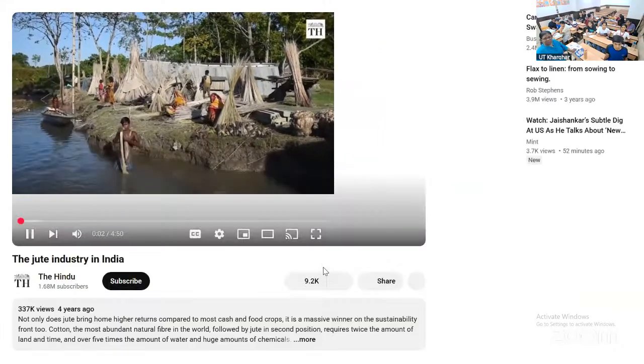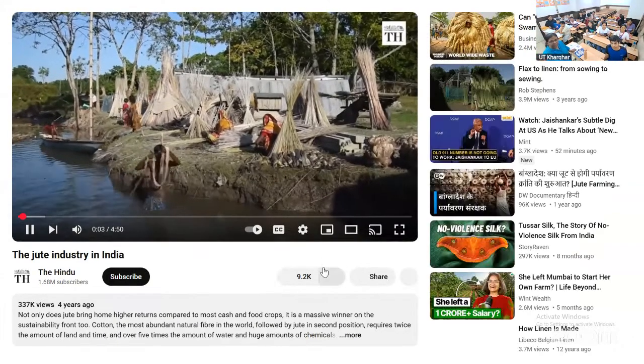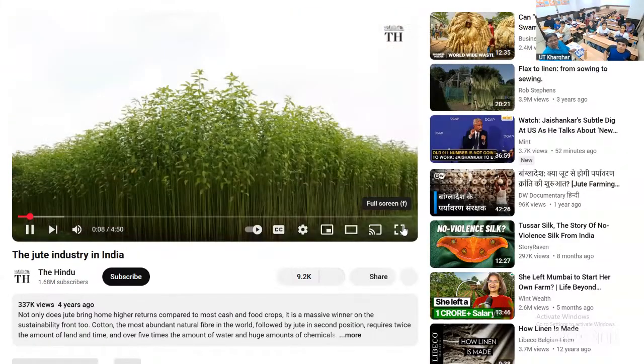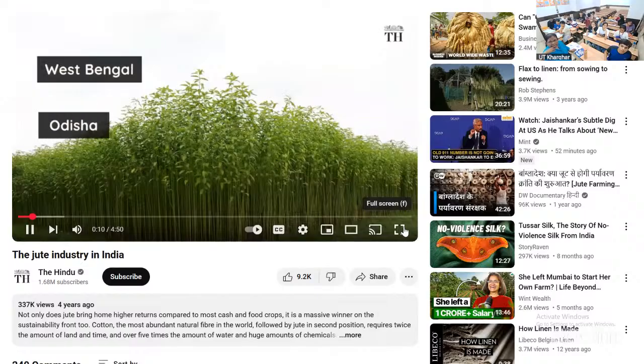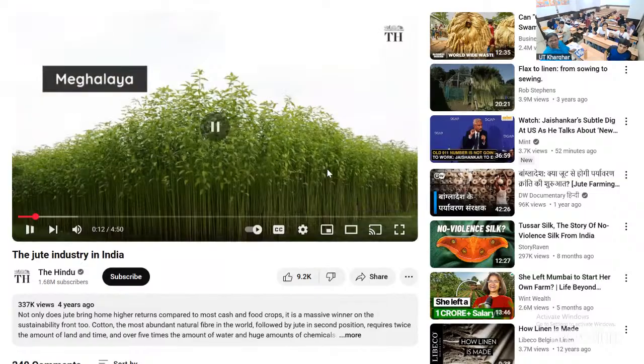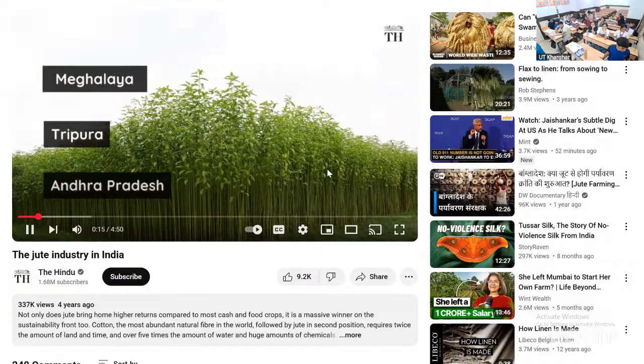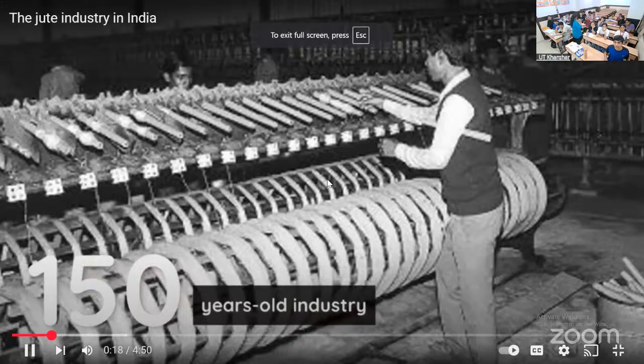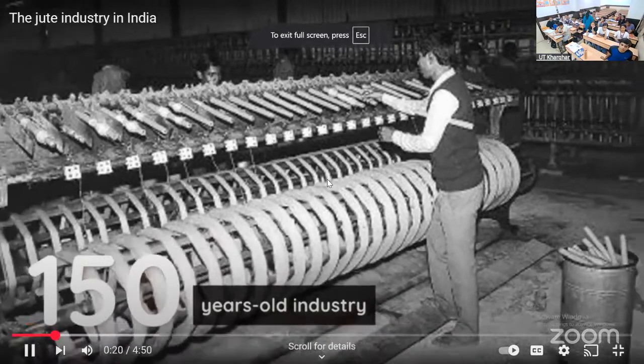India is the world's biggest producer of jute, followed by Bangladesh. Jute is primarily grown in West Bengal, Odisha, Assam, Meghalaya, Tripura, and Andhra Pradesh. The jute industry in India is 150 years old.